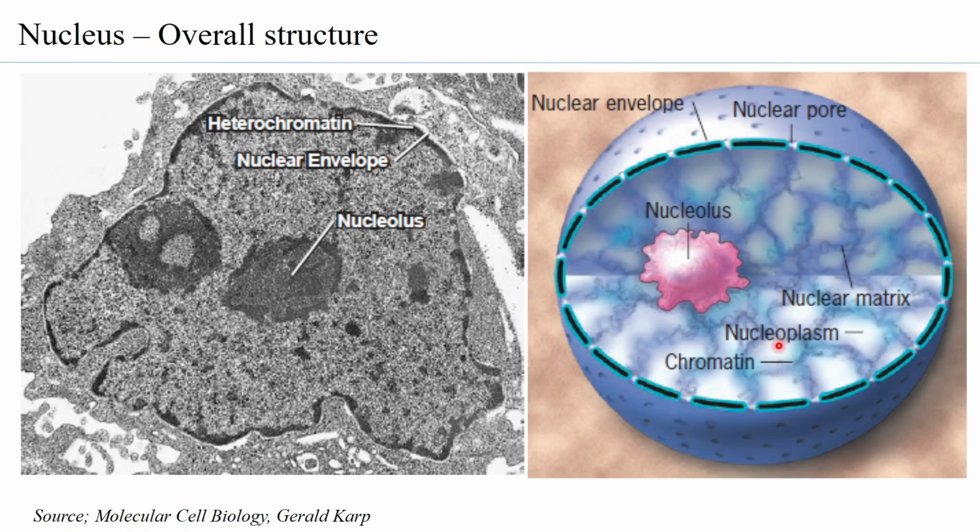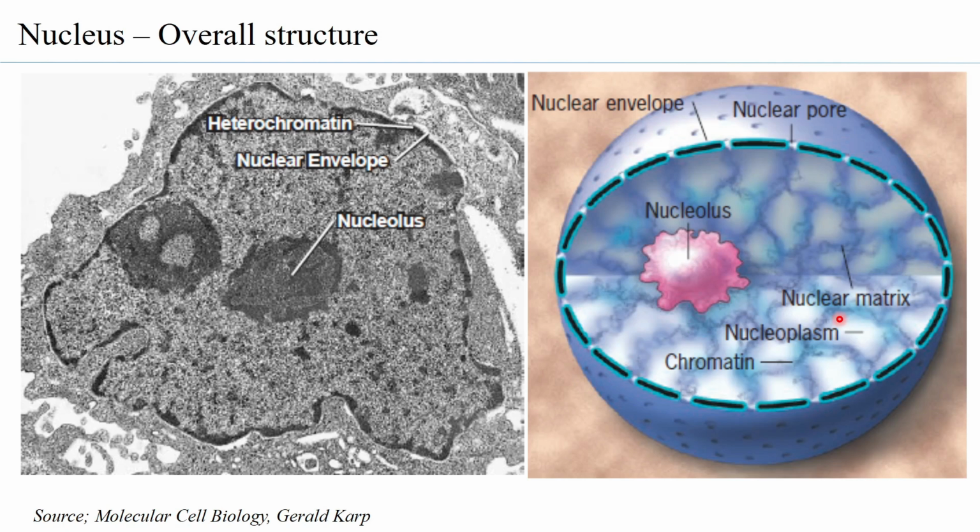It has a gel-like consistency, and there is a nuclear matrix. That means there are a lot of proteins which form a kind of meshwork within the nucleus, and that is what is called the nuclear matrix.